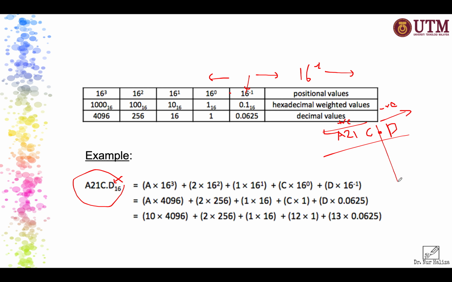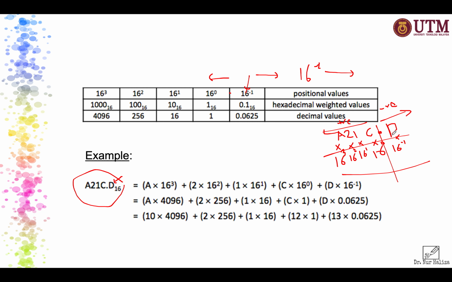Over here of course you have base 16, because 16 is the base. 16 to the power of -1, 16 to the power of 0, 16 to the power of 1, 16 to the power of 2, and then 16 to the power of 3. You need to multiply all of these values with the base below.